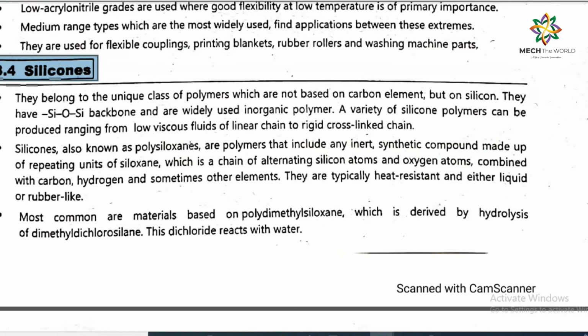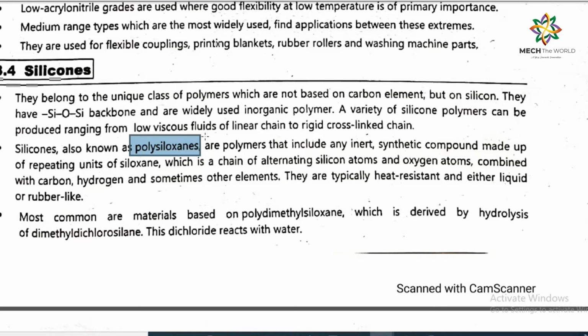Silicones, also known as polysiloxanes, are polymers that include any inert synthetic compound made up of repeating units of siloxanes, which is a chain of alternating silicon atoms and oxygen atoms combined with carbon, hydrogen, and some other elements.